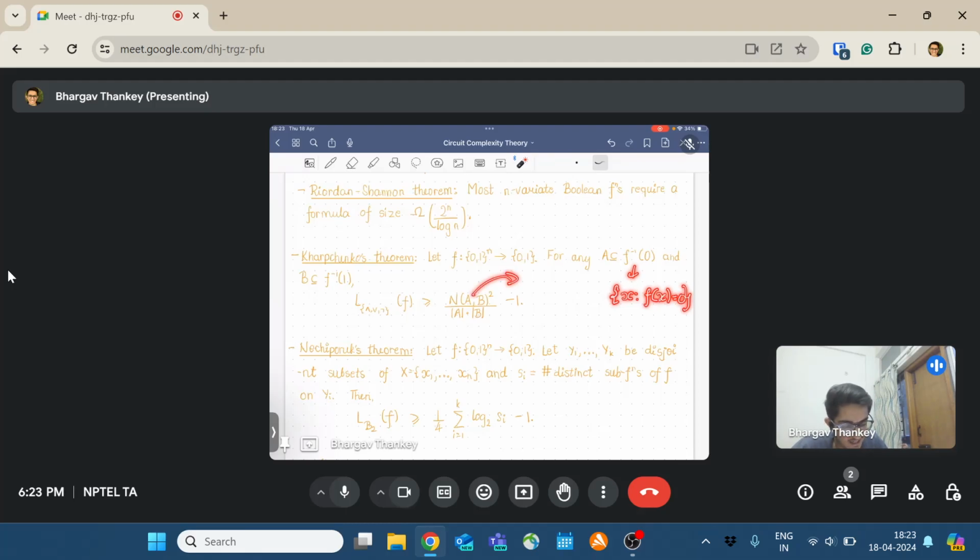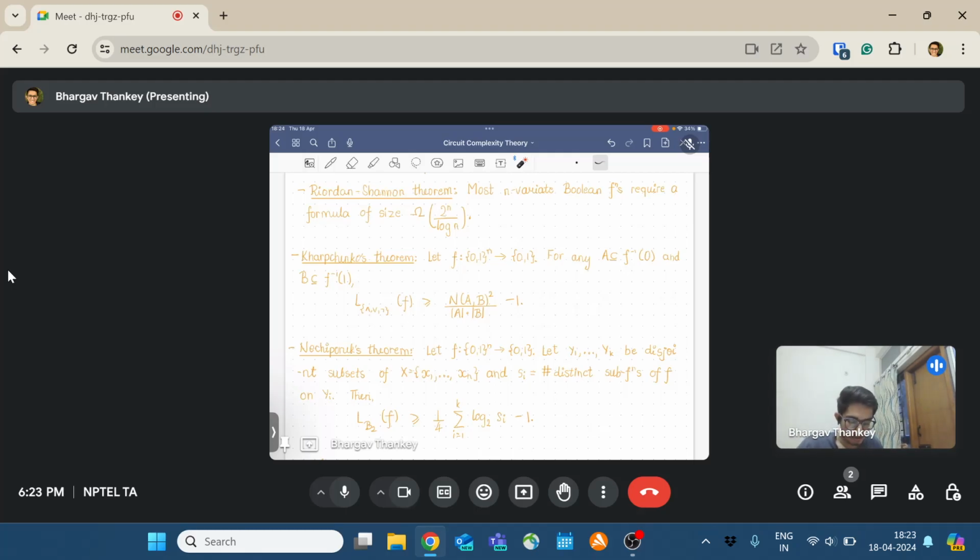And E(A,B) is the size of the set of pairs (x, y) such that x is in A, y is in B, and x and y differ at only one place. Okay, so x and y are neighbors. The Hamming distance between them is 1.